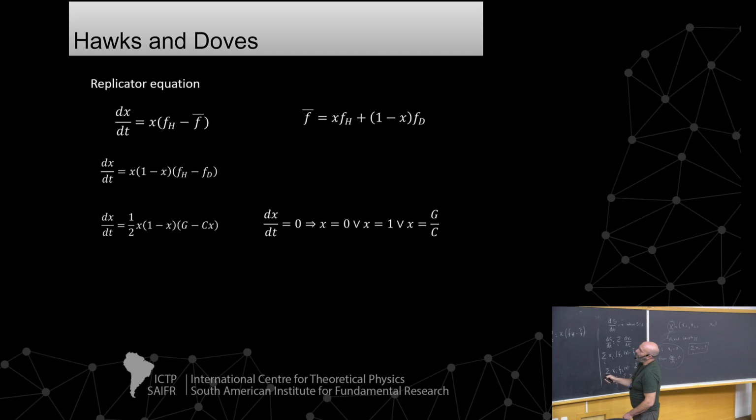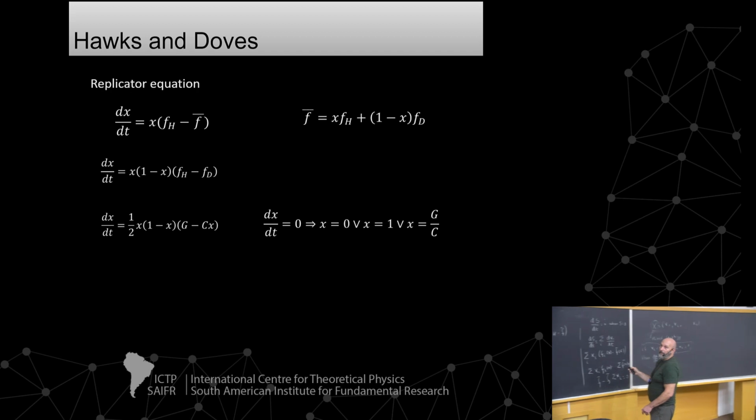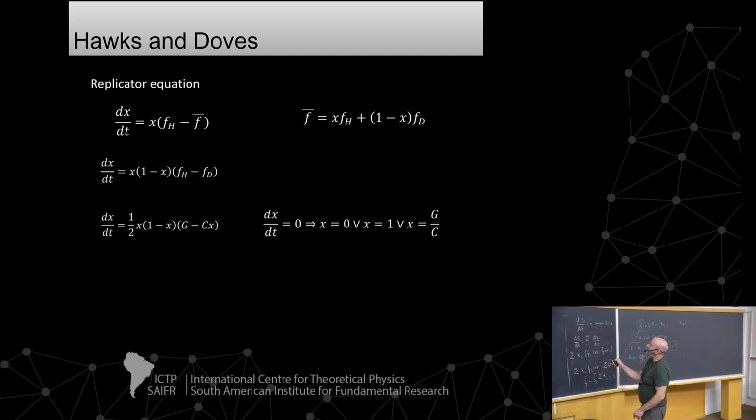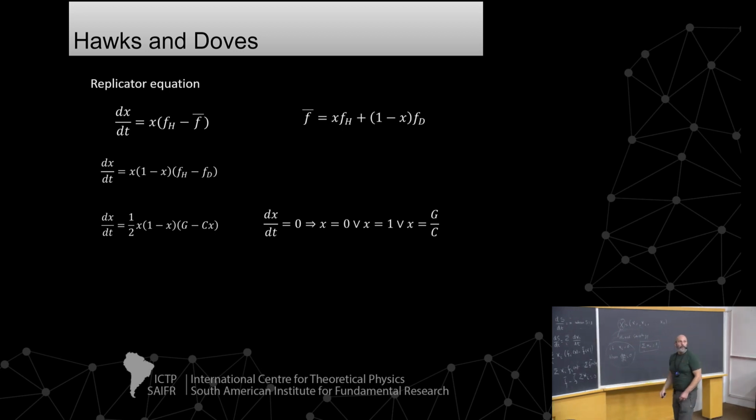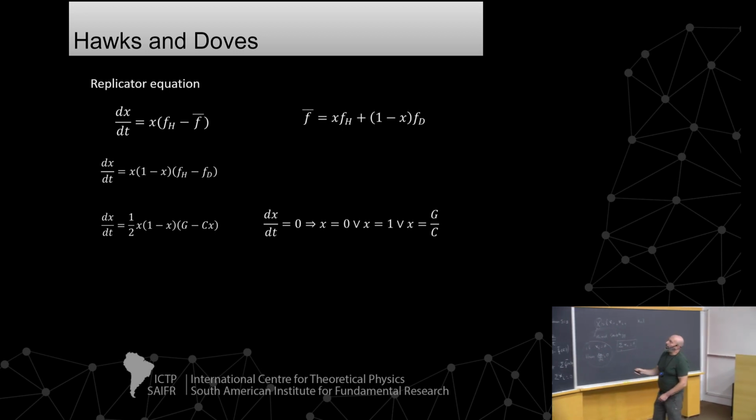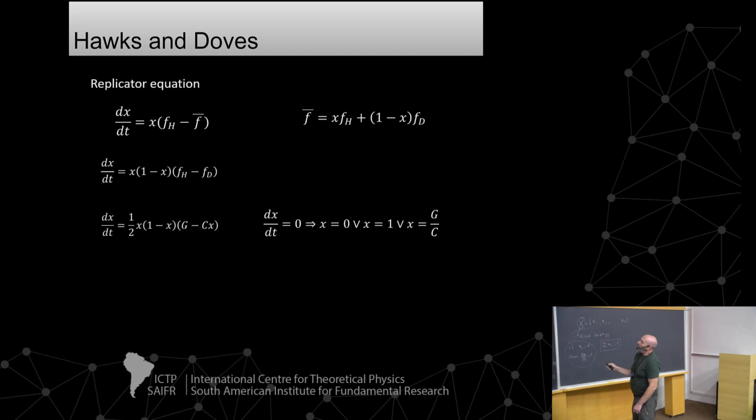If x is equal to 1, the whole thing is 0 because this turns to 0. And the other possibility is that this is equal to 0, so x should be equal to g over c. This sounds familiar. This equilibrium is the Nash equilibrium we have already found previously. So let's try to analyze when these equilibria are stable or unstable, and this is something we're going to do in the next slide.